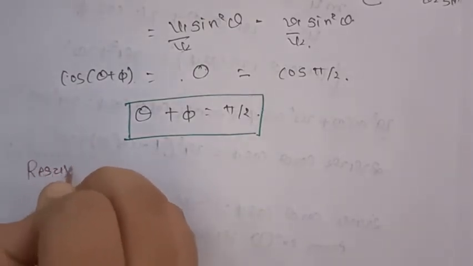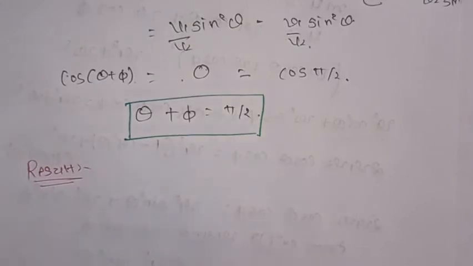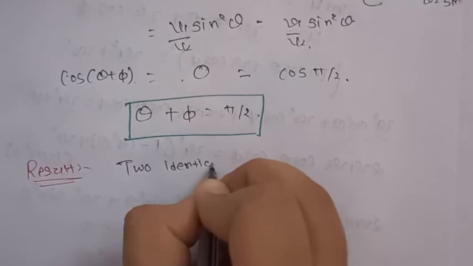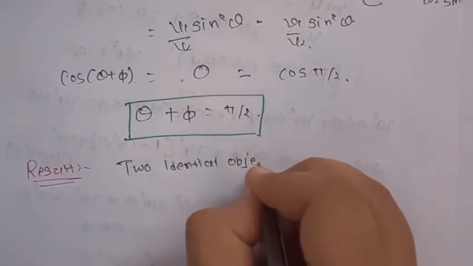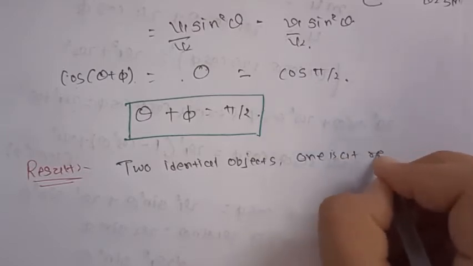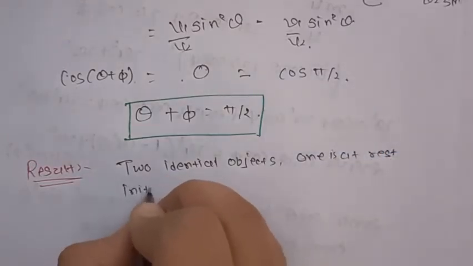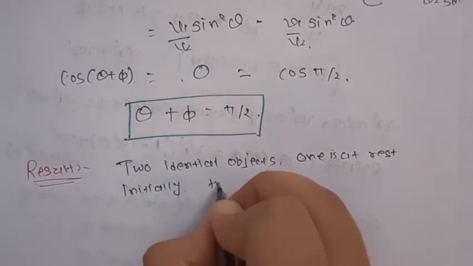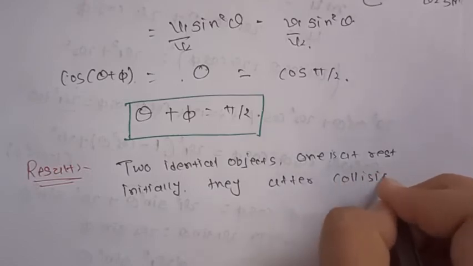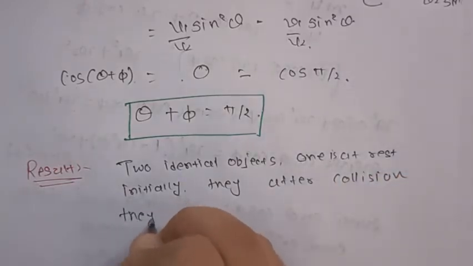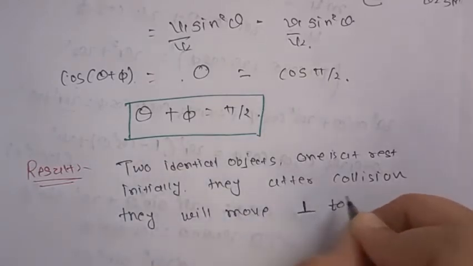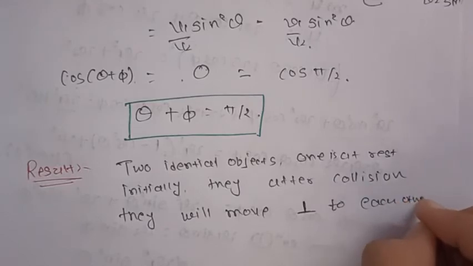So the result is: two identical objects, one is at rest initially, then after collision they will move perpendicular to each other.